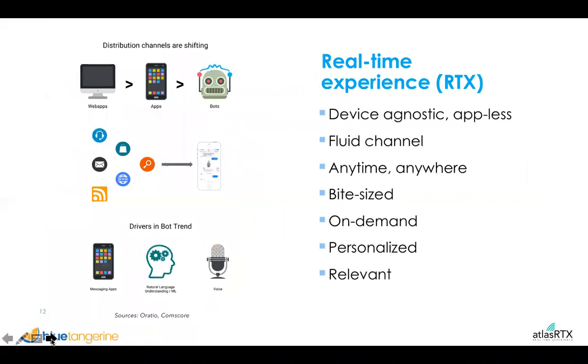Part of the trends that are driving this are a desire for real-time experiences. In the past, people used to be comfortable going to websites to navigate for information and downloading apps. As we start to have friends like Siri and Alexa in our homes, we've become very used to just asking for information.